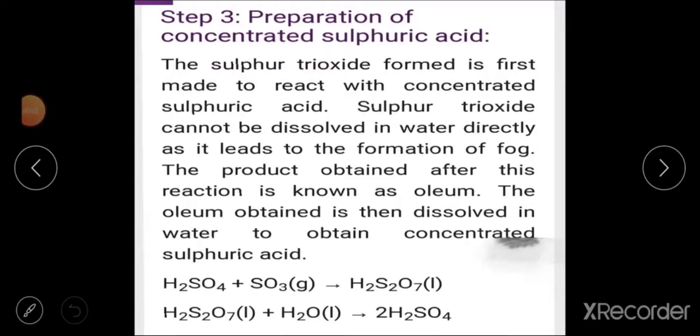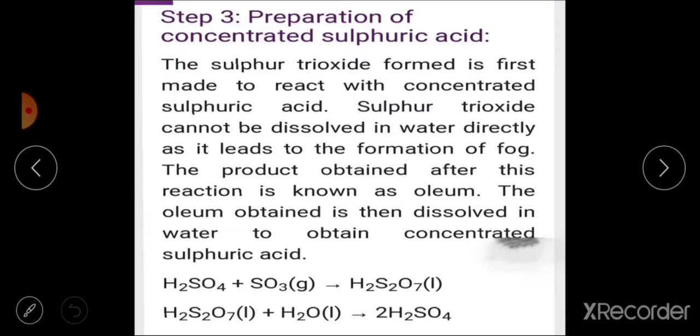Then the third step is preparation of concentrated sulfuric acid. Here there is the dissolution of sulfur trioxide into 98% sulfuric acid to obtain oleum, that is H2S2O7 or fuming sulfuric acid. This sulfur trioxide formed in the second step reacts with concentrated sulfuric acid.